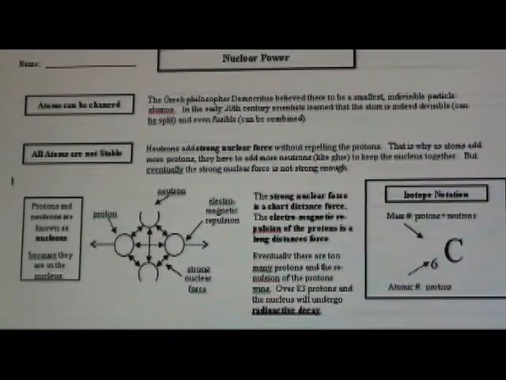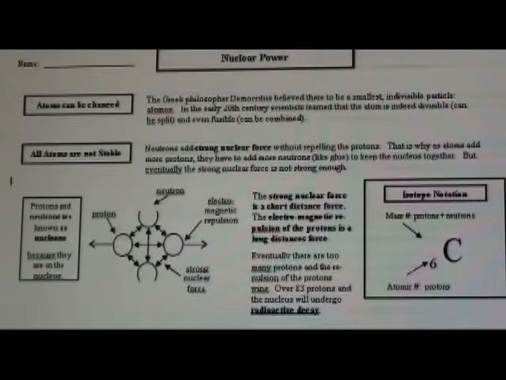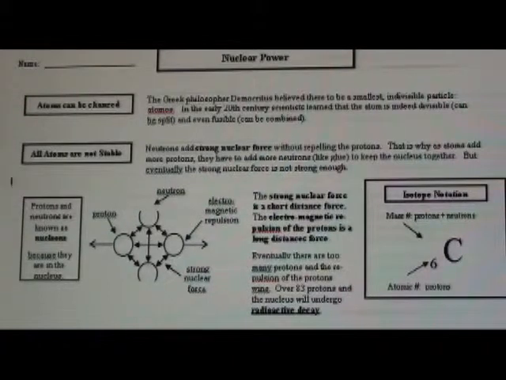Eventually, there is a very strong nuclear force with those neutrons, but it's not strong enough. And that's when we start to have radioactive decay, which is what it talks about in that second section. The strong nuclear force is a short distance force. The electromagnetic repulsion of the protons is a long distance force.